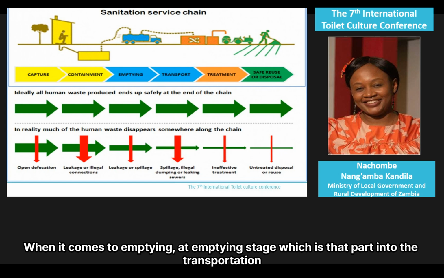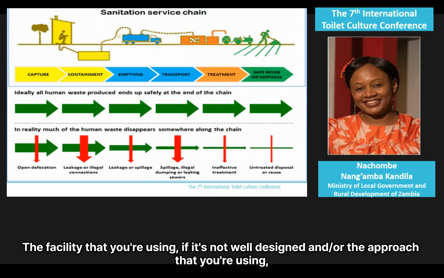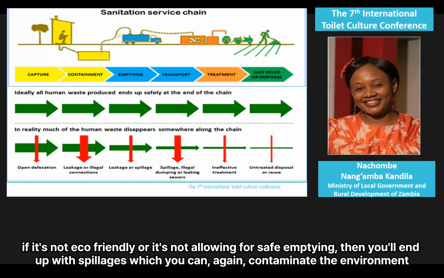When it comes to emptying, which is the part leading into transportation, if the facility that you're using is not well designed, or the approach that you're using is not eco-friendly or does not allow for safe emptying, you end up with spillages, which will again contaminate the environment.